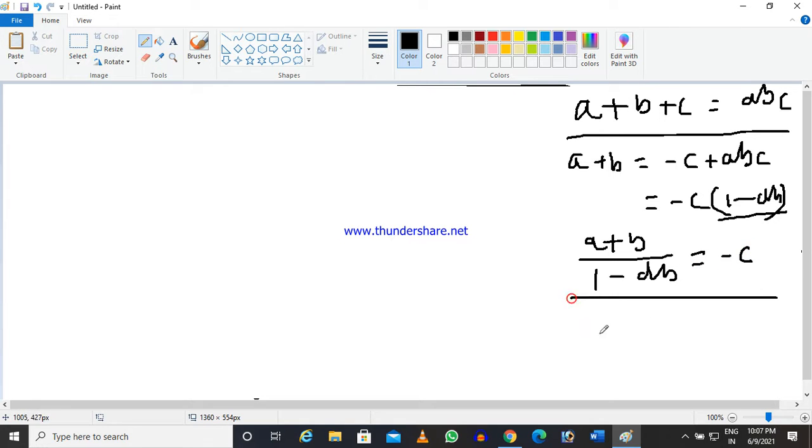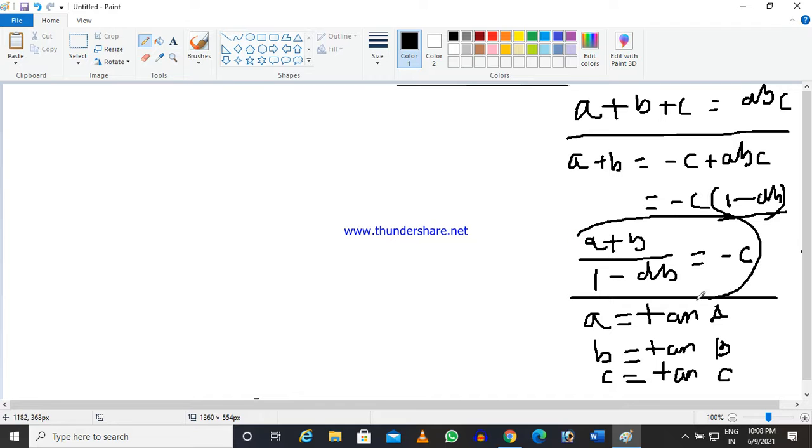Now I am assuming small a is equal to tan of capital A, small b is equal to tan of capital B, and small c is equal to tan of capital C. Now in that expression, if I replace, what is coming?